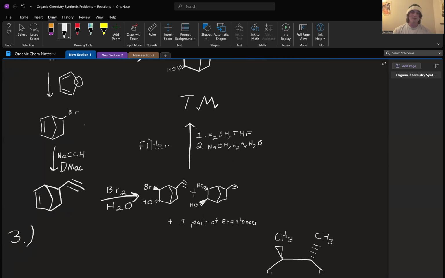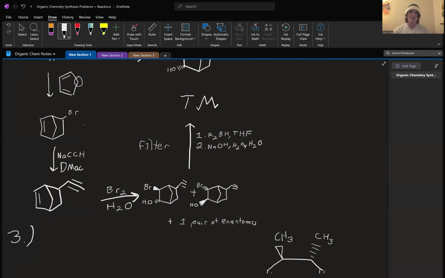And then we can do the anti-addition of our bromines here to get this Br to an OH addition. But remember, this could also react with the alkyne, but the alkene is more reactive than the alkyne, so it's going to react with the alkene first. But we have a pair of enantiomers.